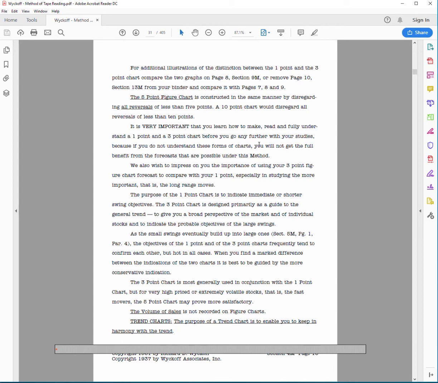It's very important that you fully understand the 1 and 3 box chart. At a minimum, you should be using at least a 1 box chart, and really 1 and 3 box chart. He uses 1 and 3 in this course.